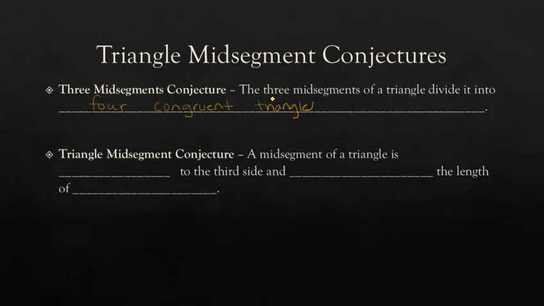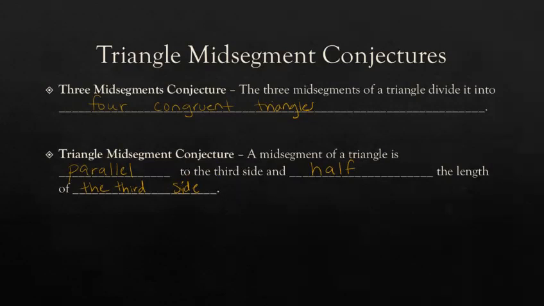And then the midsegment conjecture, if we looked at what angles were congruent and how they're related, we should have found that the midsegment of the triangle is parallel to that third side. And it was half the length of the third side. So the midsegment is half the size of that bottom, or the side, wherever you turn it.